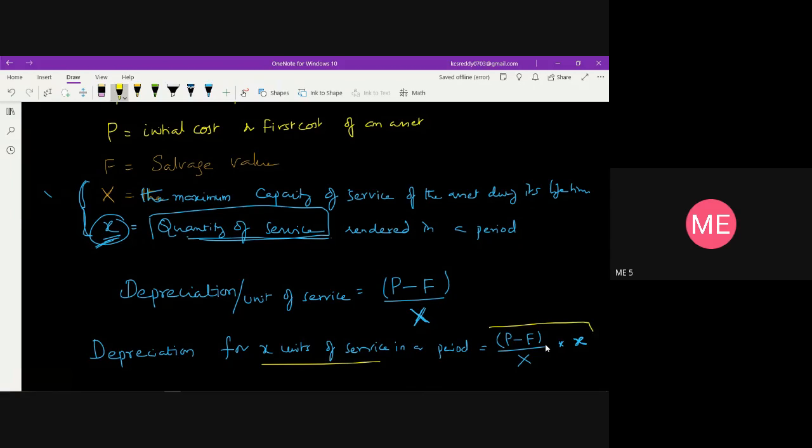For a single unit of service, we take (P minus F) by X.